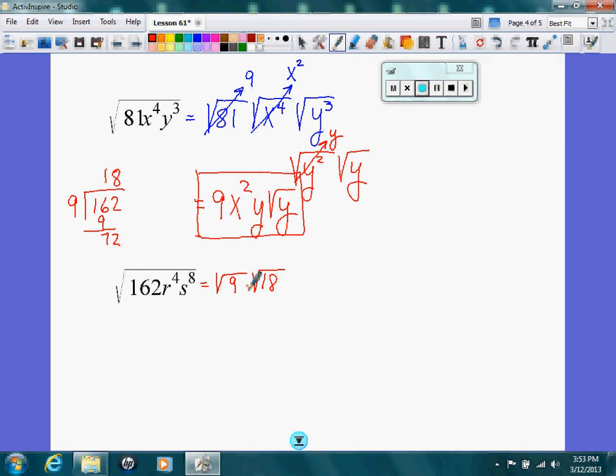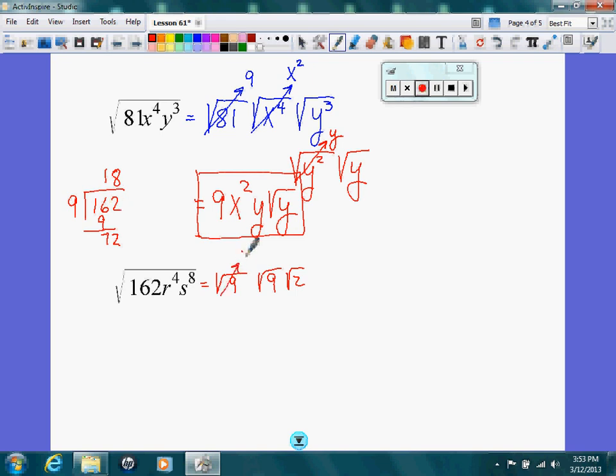We could pull out another square root of 9. So let's just erase the square root of 18 here. Oops, let's make our eraser a little bigger. And we could write this as the square root of 9 times the square root of 2, because 2 times 9 is 18, and then 18 times 9 was 162.